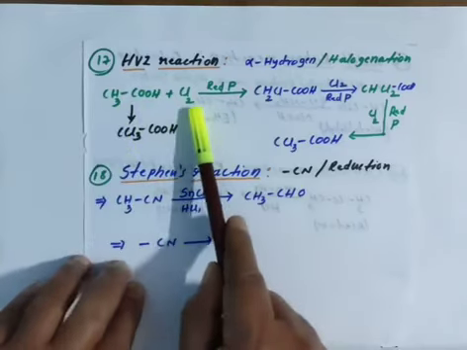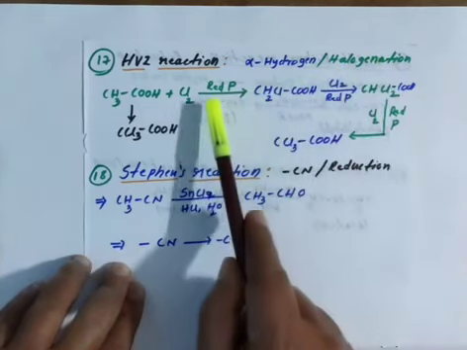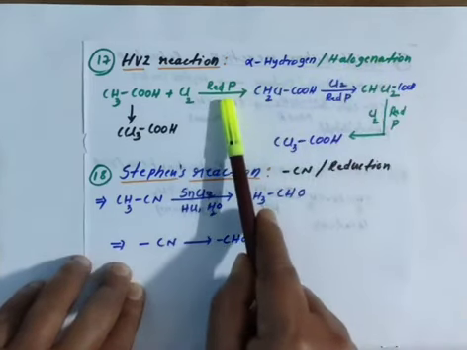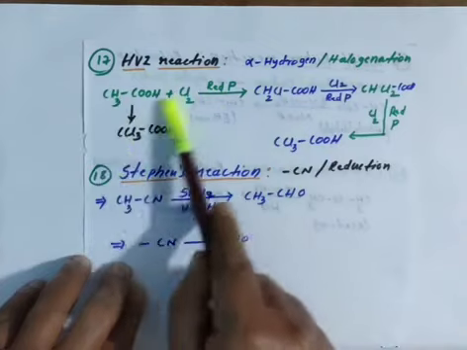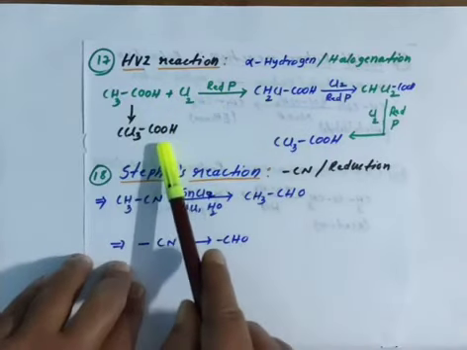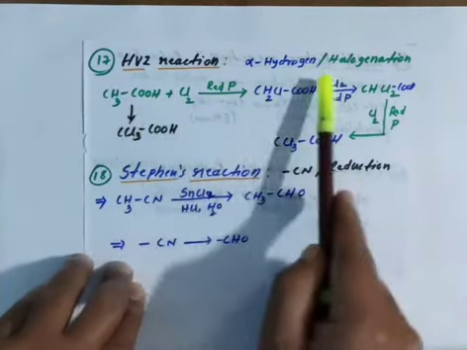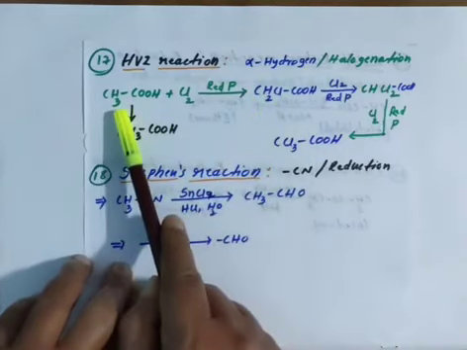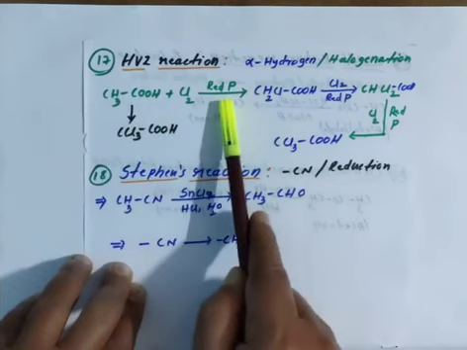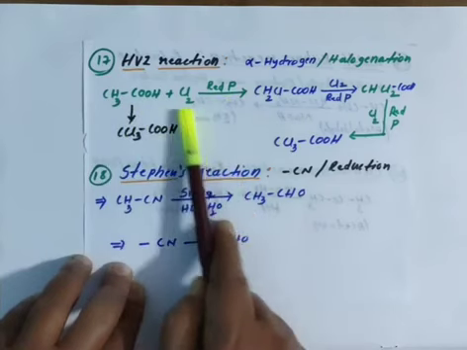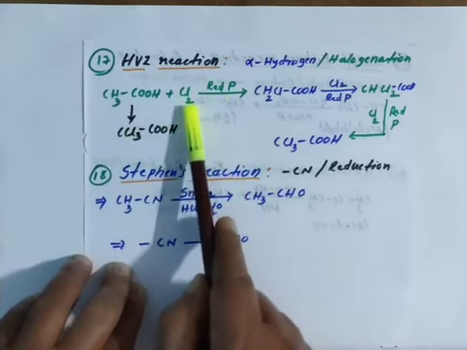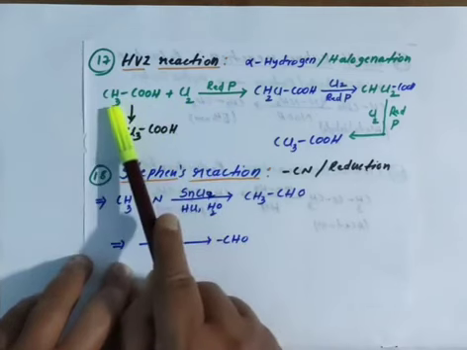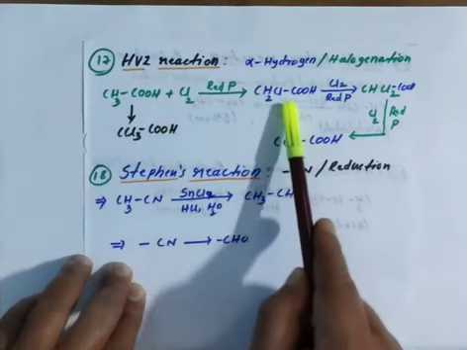Treated with chlorine, that is halogenation I told, in the presence of red phosphorus, this acetic acid is converted to one. Here what happened is the hydrogen is substituted by halogen. It is a substitution reaction. First one hydrogen is replaced, giving CH2Cl.